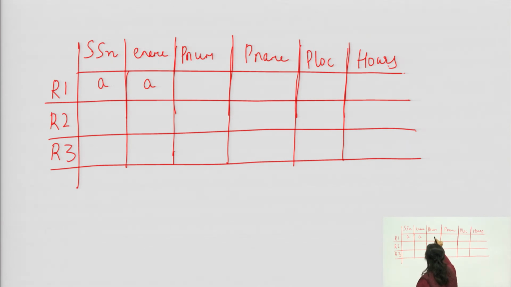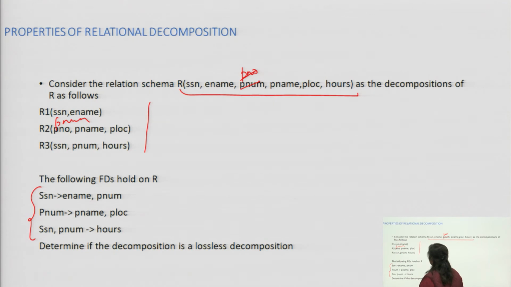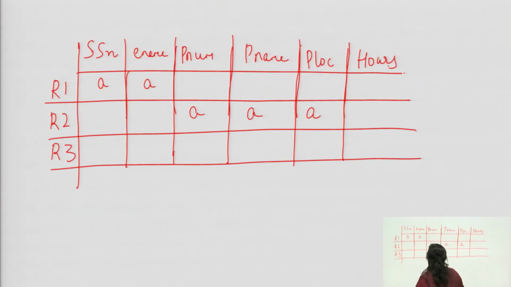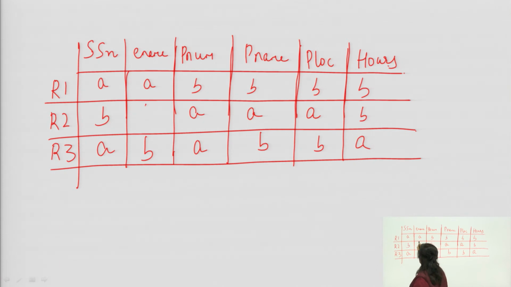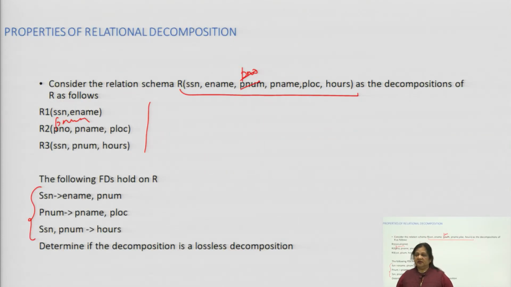So, we have pnum, pname and ploc as the A values. For R3 we have SSN, pnum and Rs, A value, A value and A value. The rest of the values are going to be the B values.